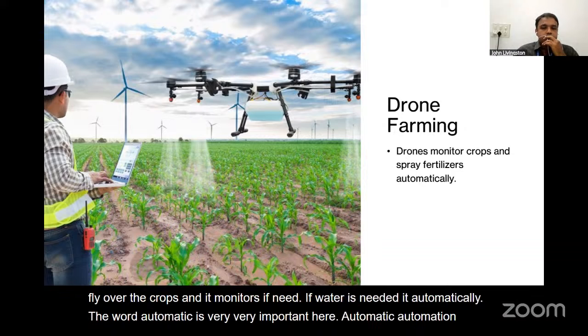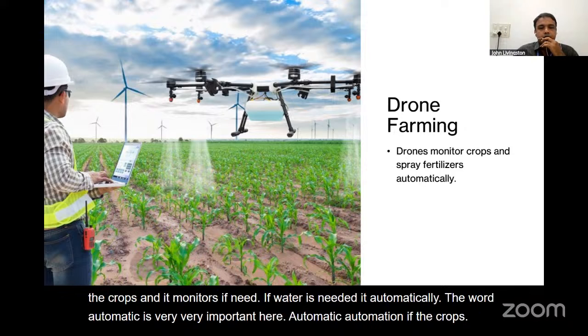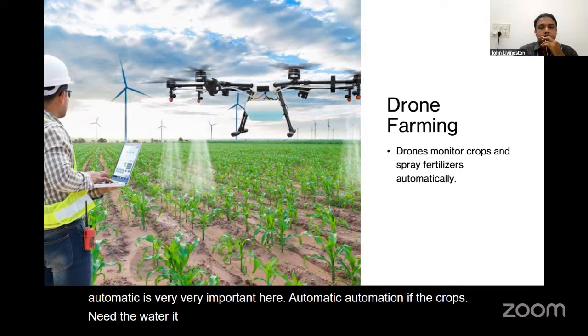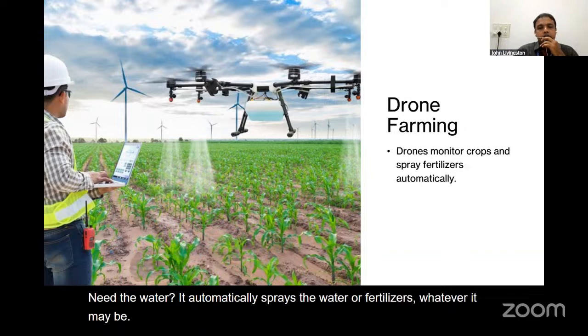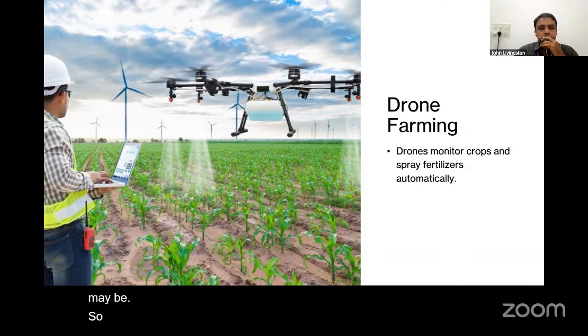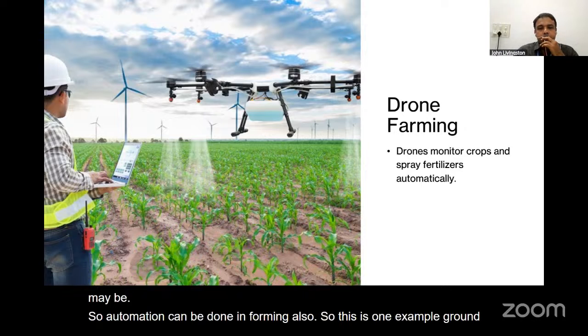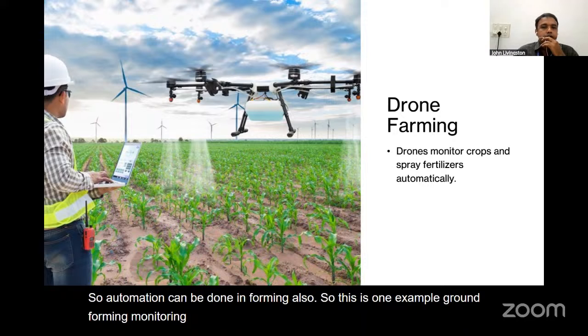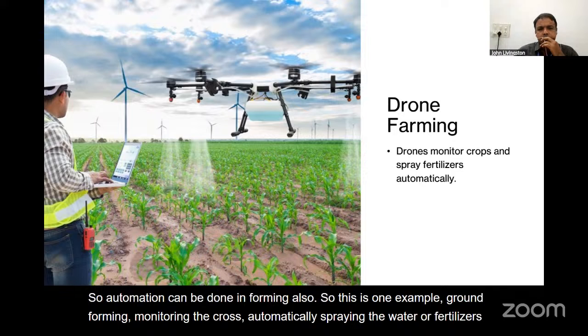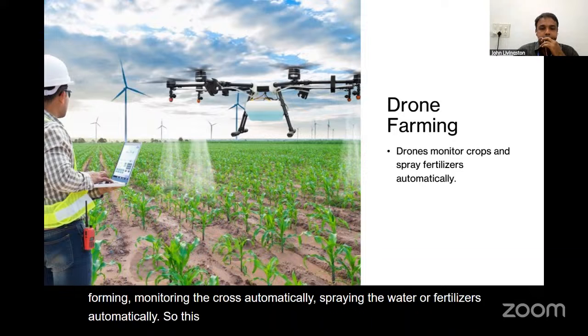If the crops need water, it automatically sprays the water or fertilizers, whatever it may be. The word automatic is very important here. So this is one example, drone farming, monitoring the crops and spraying water or fertilizers automatically. This technology is also assisting human beings.